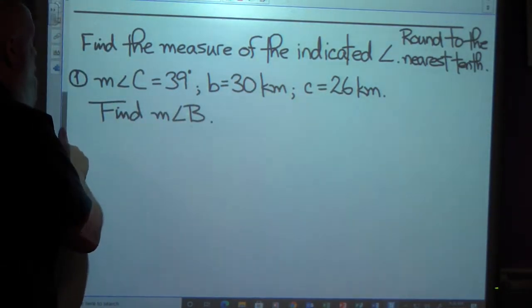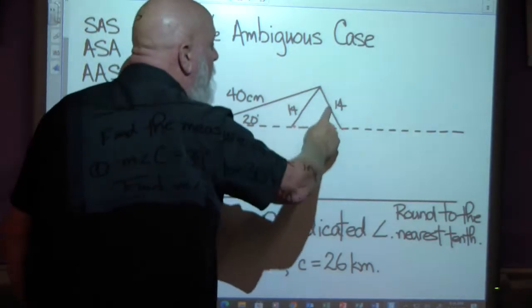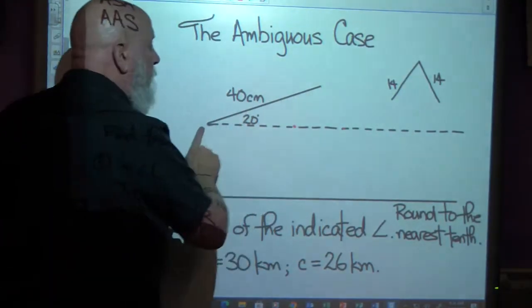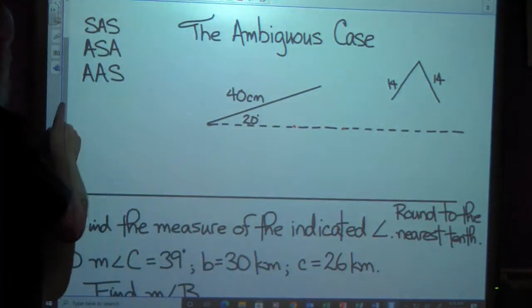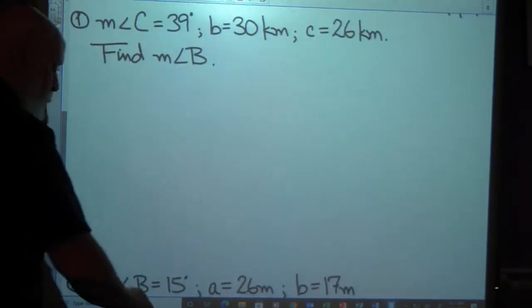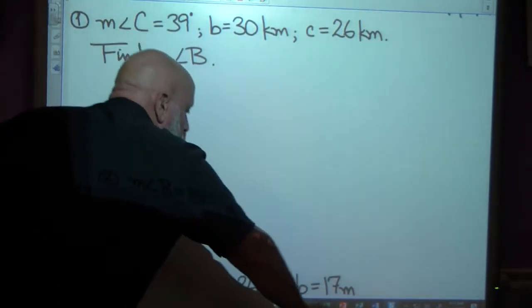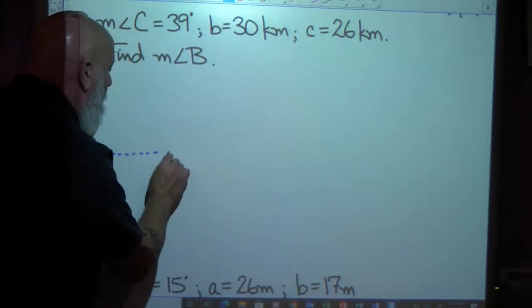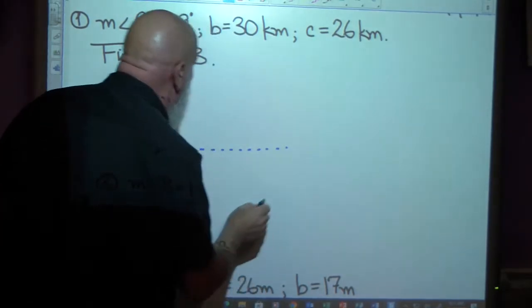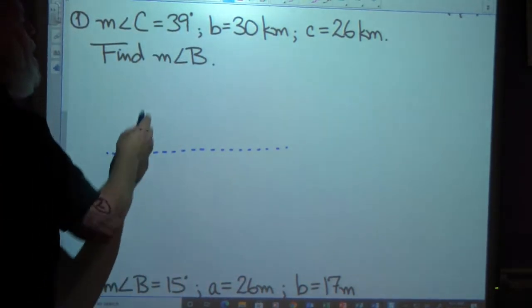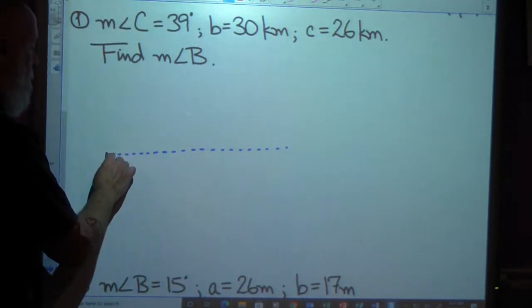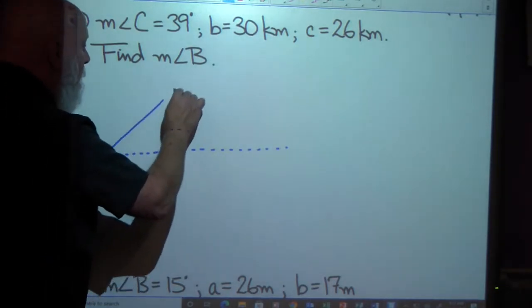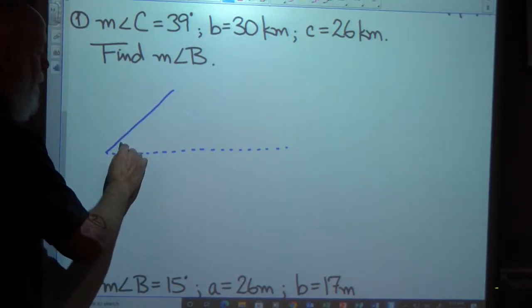So I'm going to draw what I'm given just like this. I'm going to work in blue. I'm given, measure of angle C is 39 degrees. So there's 39 degrees, roughly.